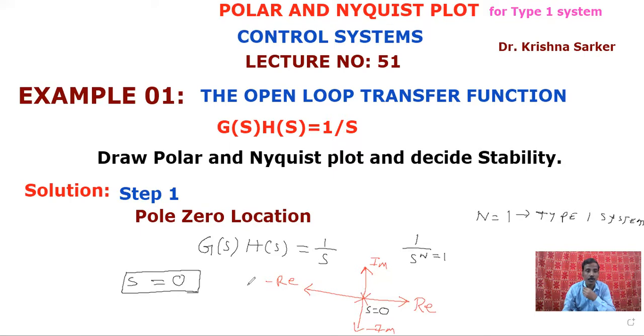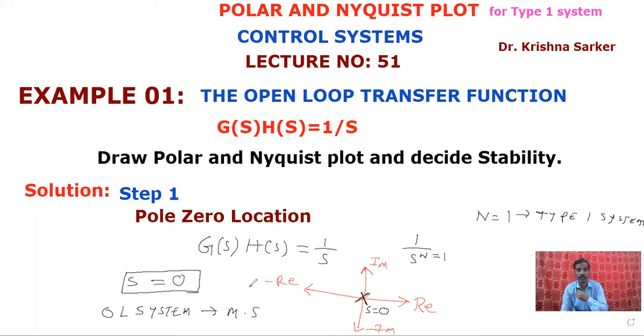So the open loop system is marginally stable, because there is only one pole at the origin.